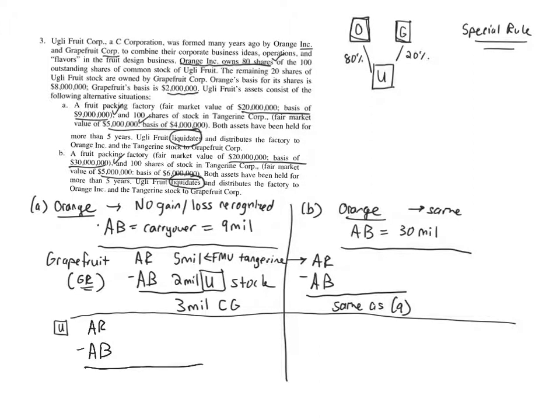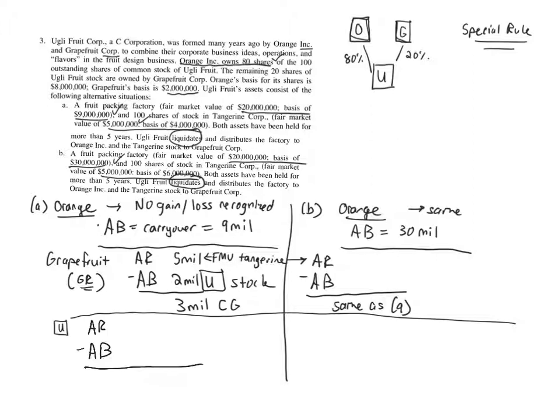So again, the rule is we basically apply the general rule between what happened with respect to Ugly Fruit and grapefruit, but we ignore what happened with respect to orange and Ugly Fruit. So I drew out that line. We ignore what happened between Ugly Fruit and orange, but we only focus on what happened between Ugly Fruit and grapefruit. So that means you're asking what property is being given up to grapefruit.